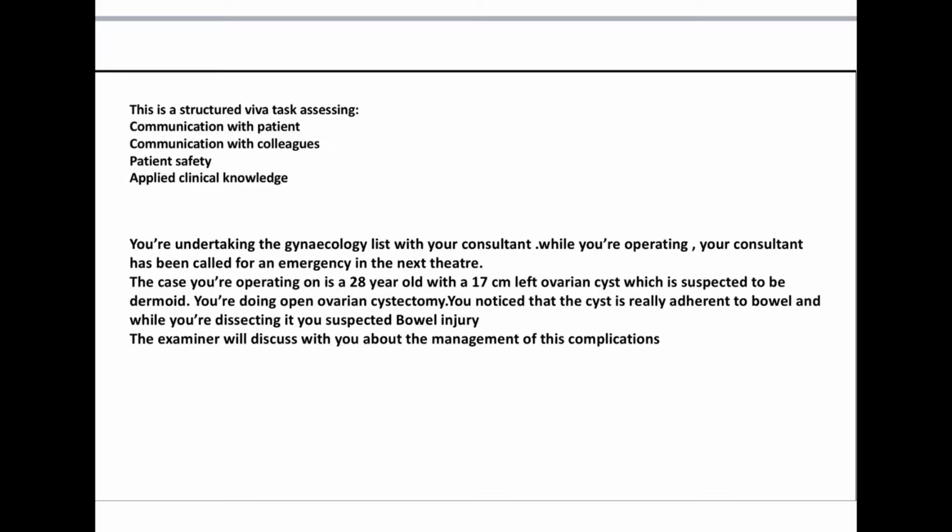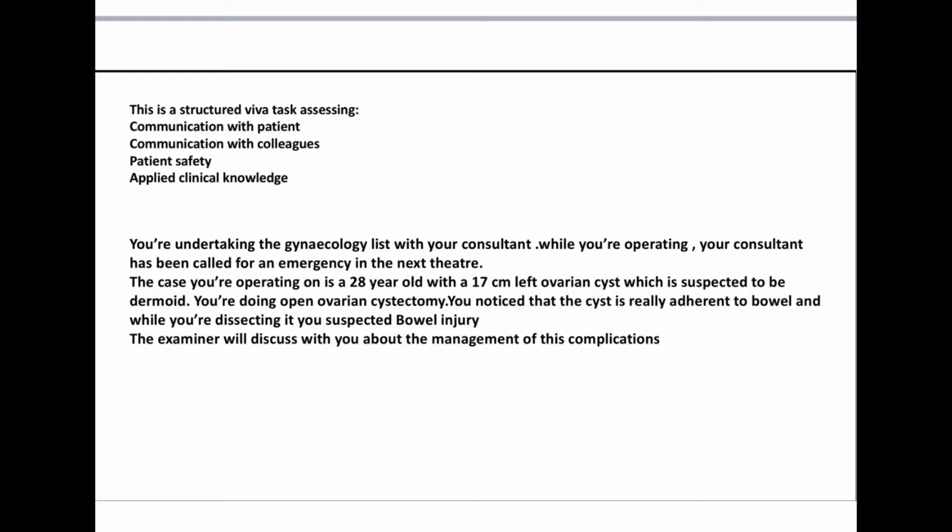Second thing, we need to communicate with colleagues. Before I call the colorectal surgeon, I have to communicate first with the anesthetist. That's the first person you need to speak to. Once you suspect a bowel injury, we need to speak to the anesthetist and inform him that we are now facing a complication and our procedure may be prolonged.